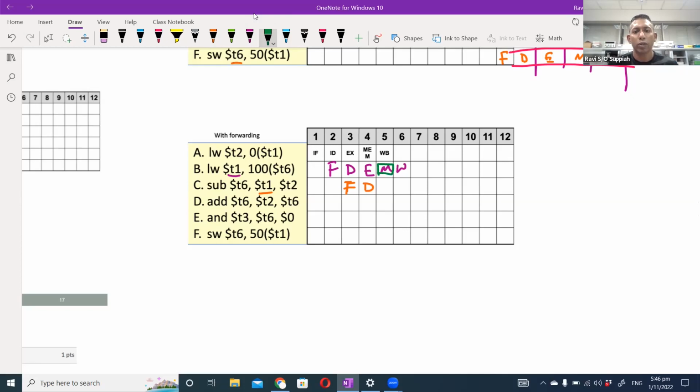After I do a stall, I need to forward the data from the mem stage to the next.